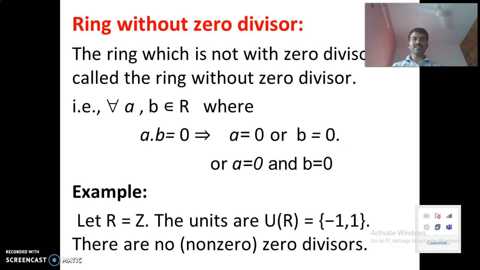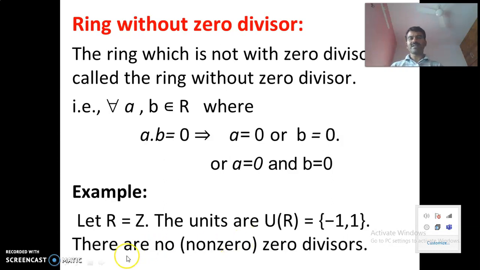And now we shall see rings without zero divisors. A ring which does not obey that definition, which has no zero divisors, is called a ring without zero divisors.